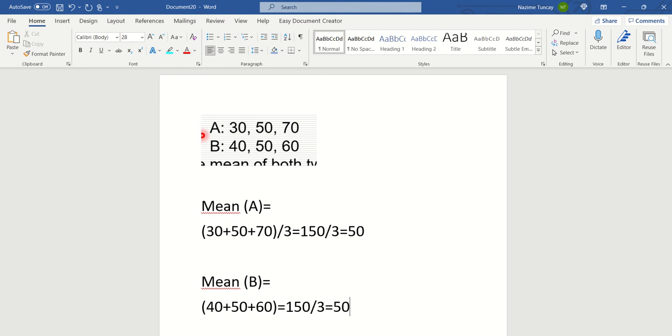Yes, we have different distributions, but we have the same mean. It's possible to have the same mean even if we have different distributions.